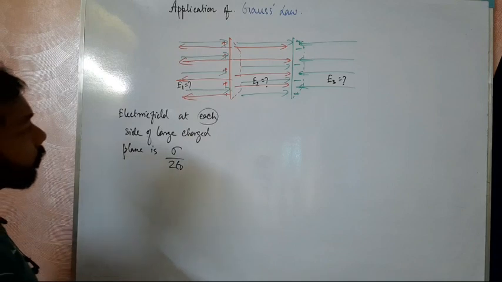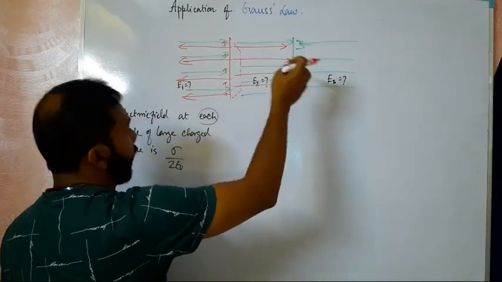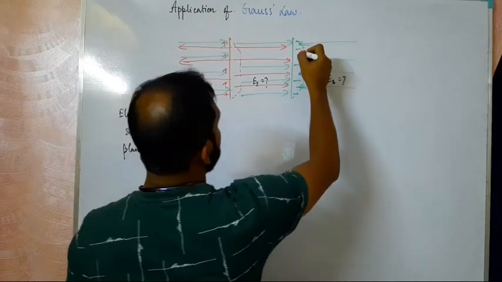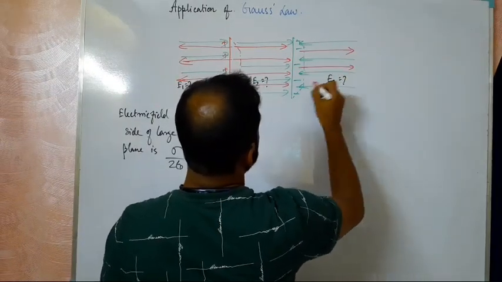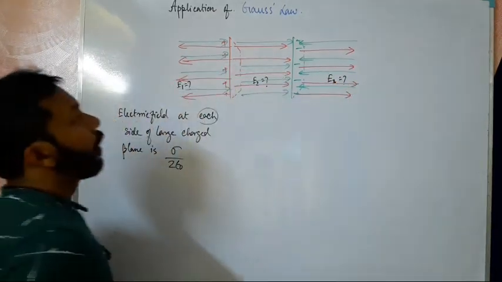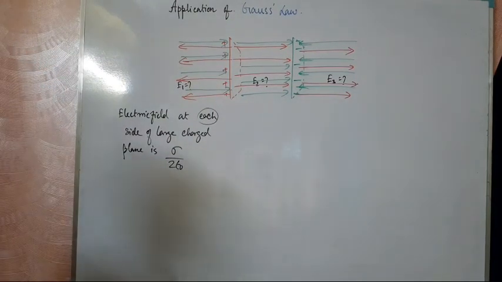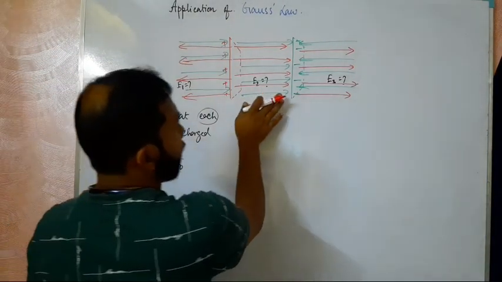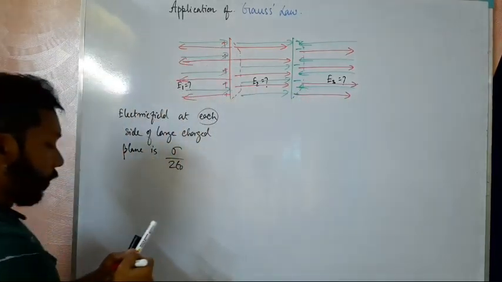Similarly, there will be components of electric field for the positive plate in this third region also, and it will again be directed outward, because it tends to go away and this tends to come in.